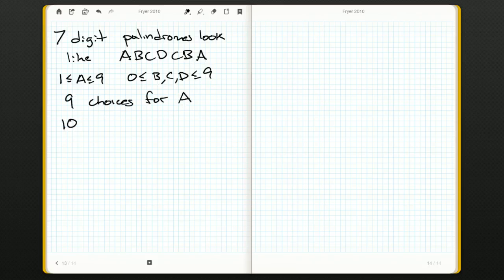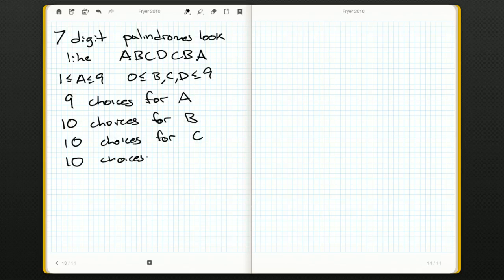So we have 9 choices for A, 10 choices for B, 10 choices for C, and finally 10 choices for D. And that gives us 9,000 7-digit palindromes, and that's what we're asked for, the number. Okay. So that's A and B.